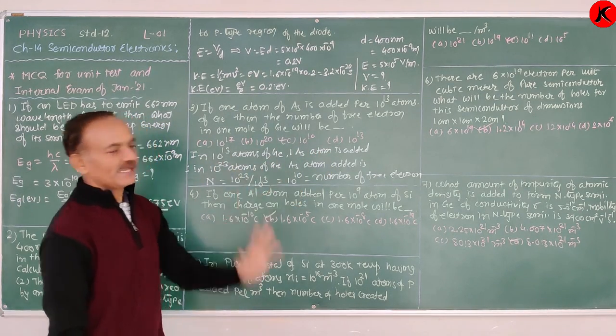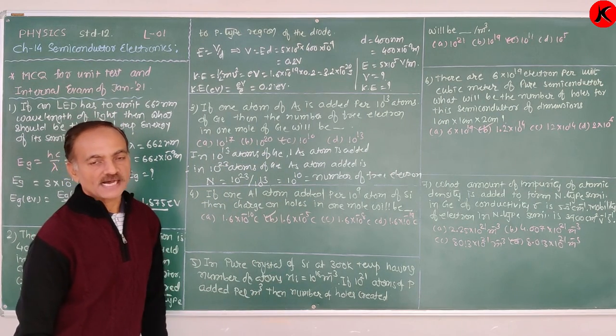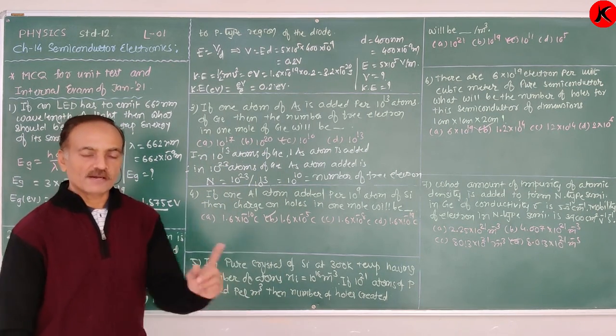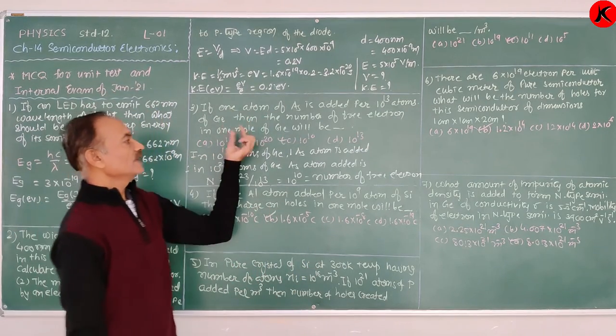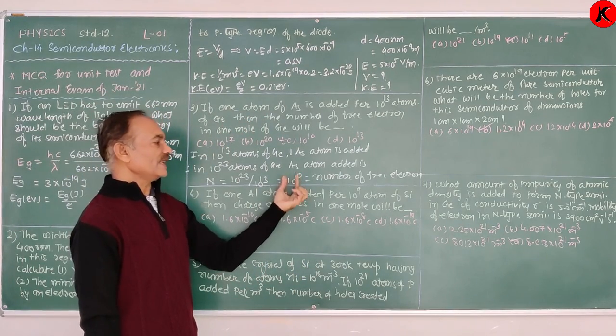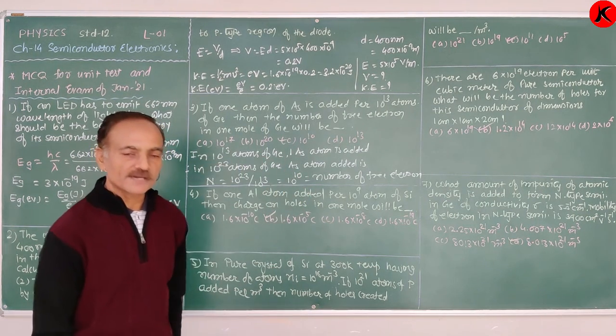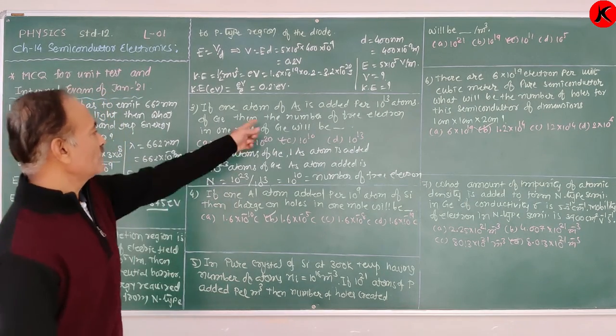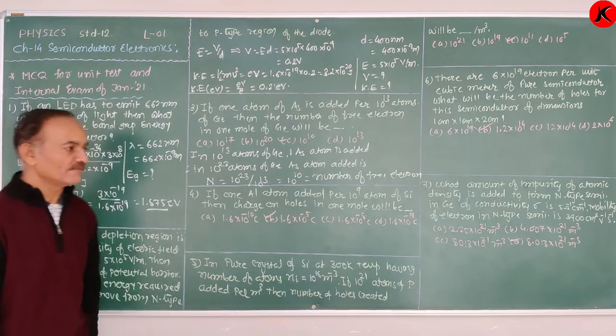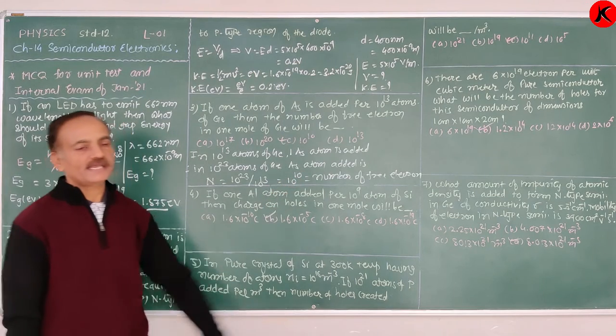Therefore, 10 to the power 10 arsenic atoms are added. But per one arsenic atom we get 1 free electron. Therefore, 10 to the power 10 free electrons are obtained. Therefore, the number of free electrons in 1 mole of germanium will be 10 to the power 10.